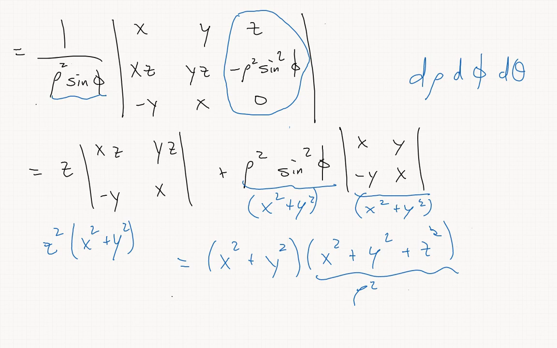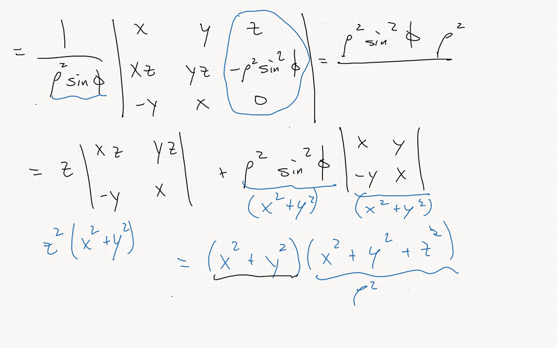So x squared plus y squared is rho squared sine squared phi, then times another rho squared. So that's rho to the fourth.